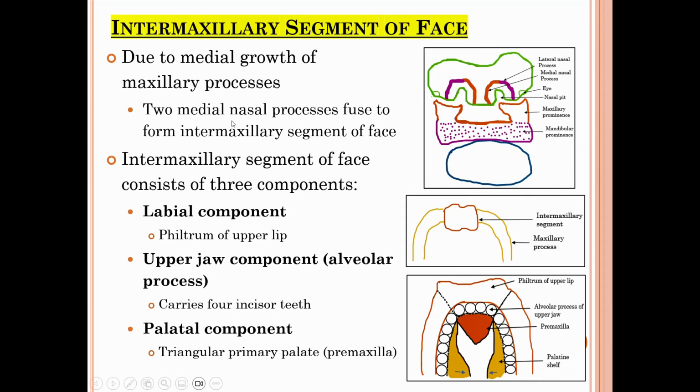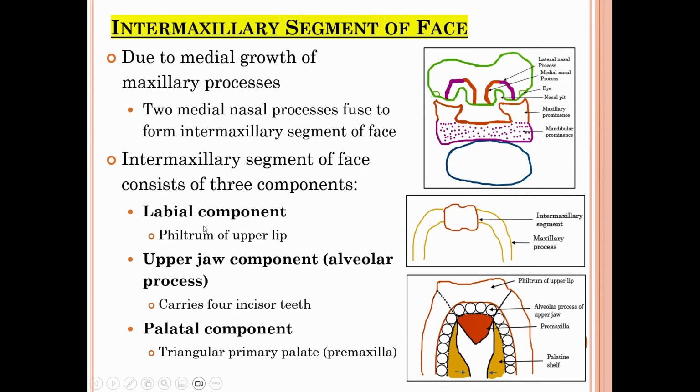Remember, two medial nasal processes fuse to form, along with the maxillary process, the intermaxillary segment of face.